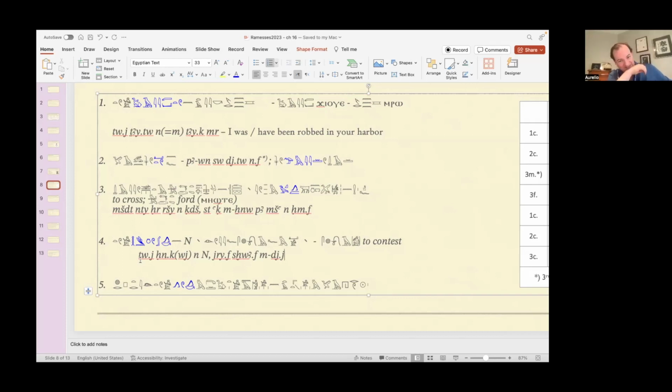Good point. Let me double check, but I believe that's a four radical verb. And there's something with four radical verbs and the verb iri. The problem is that if you want to form a simple past tense ZMF from a four radical verb, apparently they didn't like to do it.